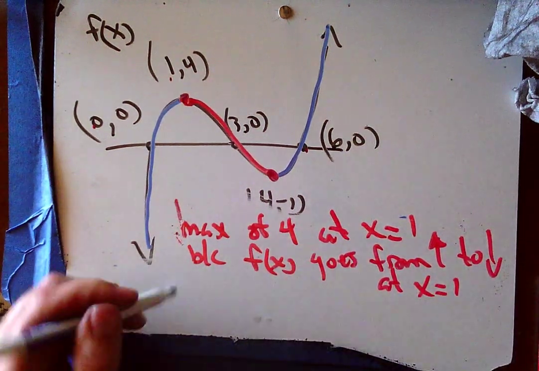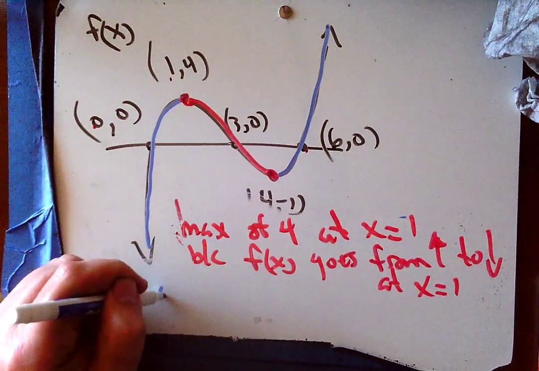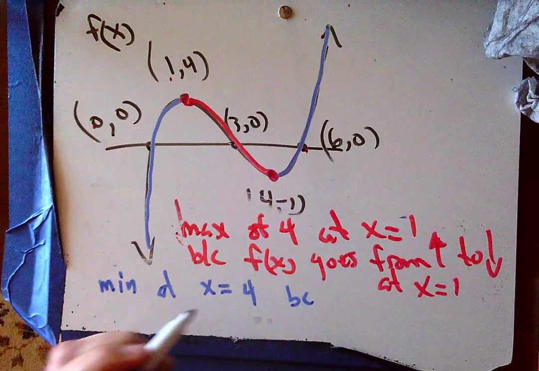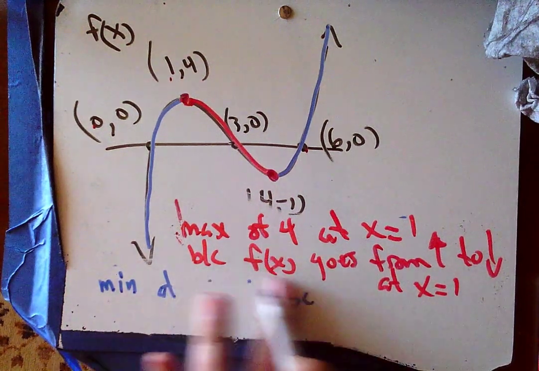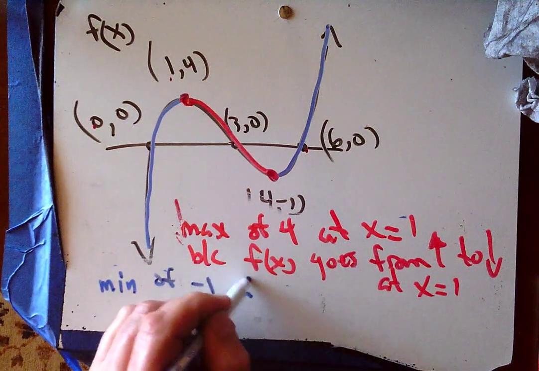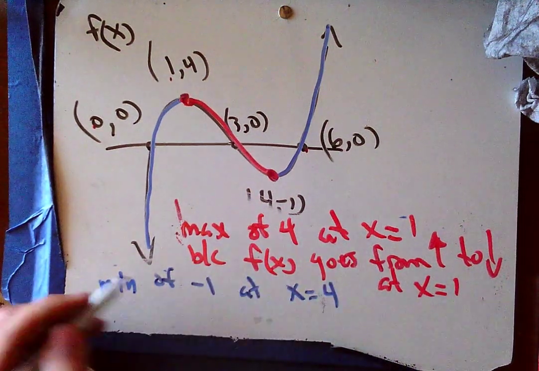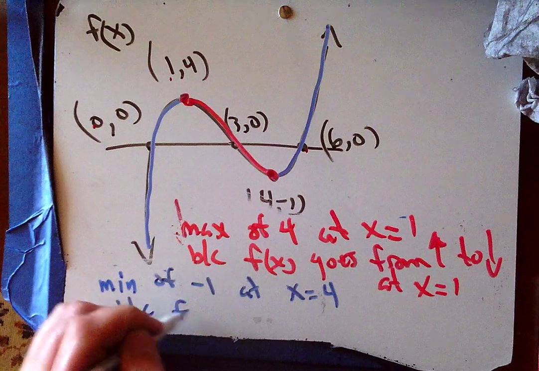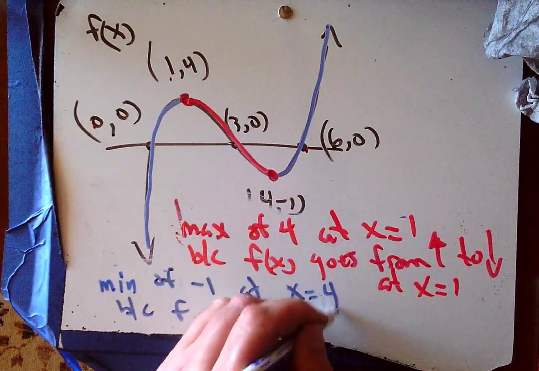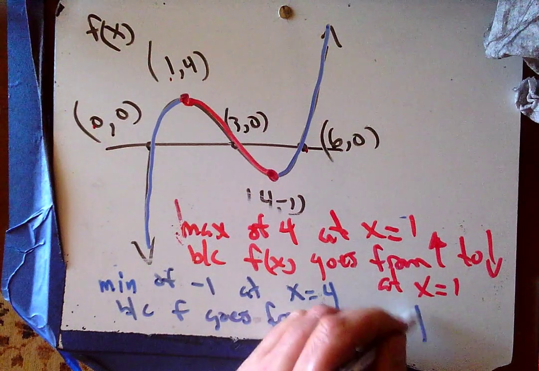And we have a min at x equals 4, and I guess I could say a min of -1 at x equals 4 because f goes from decreasing to increasing.